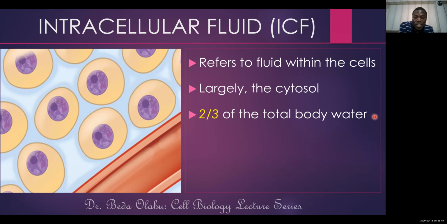But you can just directly convert kgs into liters by multiplying by 1, because 1 liter of water is 1 kg. You remember the density of water is 1 gram per whatever. So it means that the total body water of someone who weighs 70 kg is 42 liters.